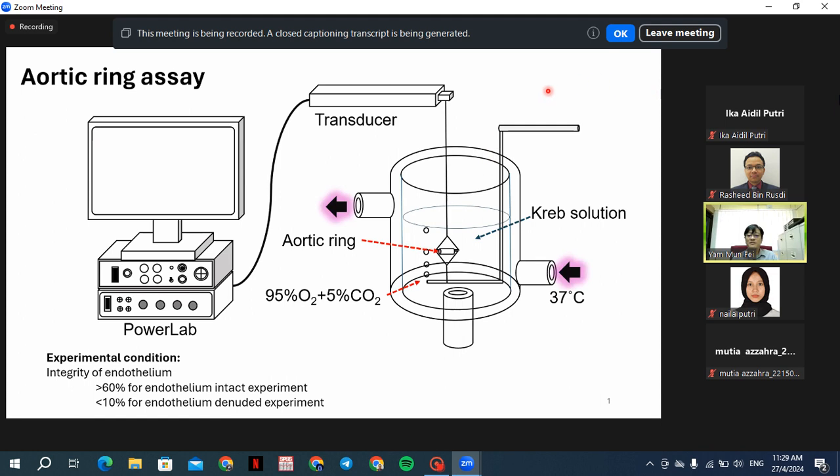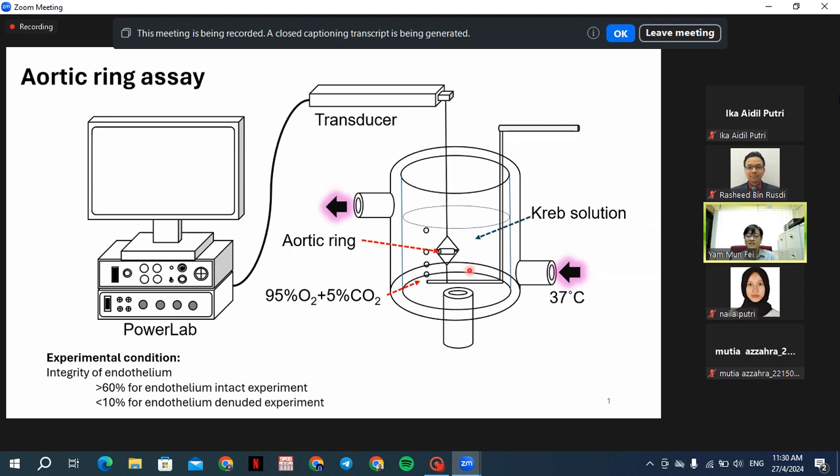If you put in a compound which can cause vasodilation, what will happen? Your blood vessel will dilate, so there's no dragging, and the reading will be taken by your computer as well. So you can compare whatever you want. For example, if you want to study nitric oxide, it's quite simple.